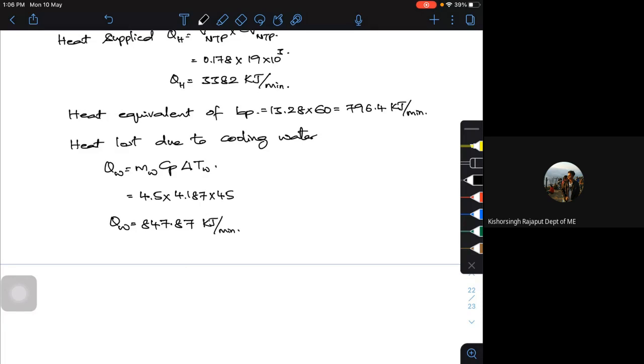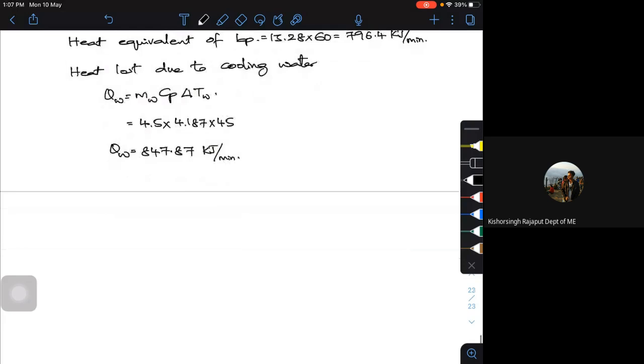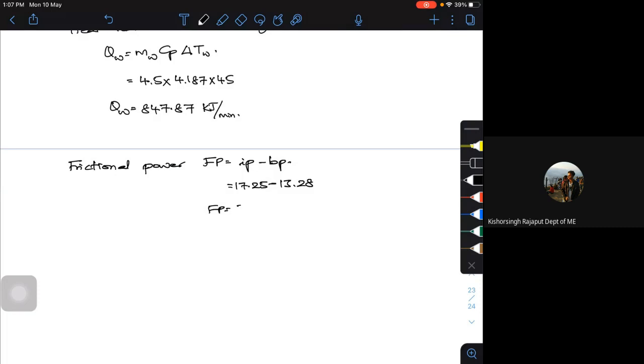Now frictional power. Heat loss due to friction also we have to find. So what is frictional power here? Frictional power, FP, is the difference between your IP and BP. So it is 17.25 minus 13.28, which is 3.97 kilowatts.